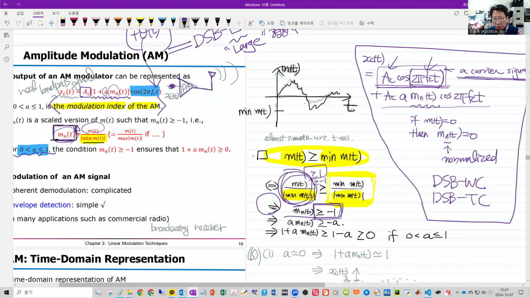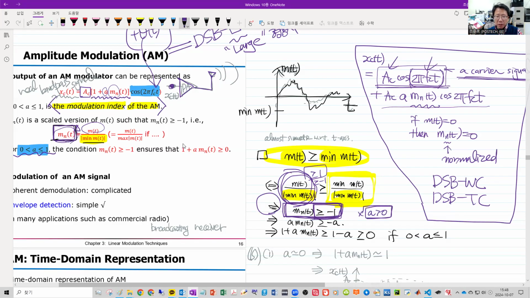So we now have this one. So far, so good. Now we introduce the modulation index of AM, which is to be multiplied to both sides of this one, and it will be chosen as a non-negative value. So you multiply A, which is positive. Okay?